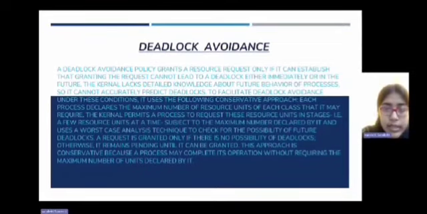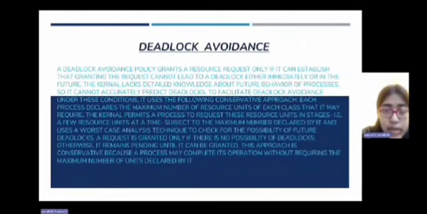Each process declares the maximum number of resource units of each class that it may require. The kernel permits the process to request the resource units in stages, that is, a few resource units at a time, subject to the maximum number declared by it, and deadlocks.